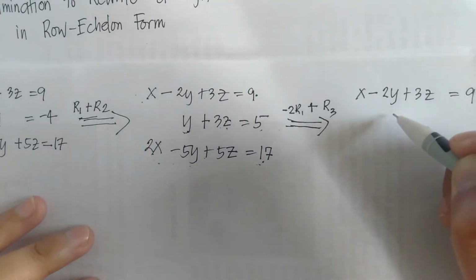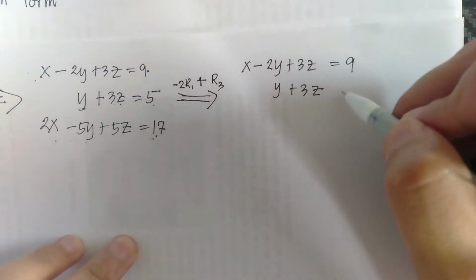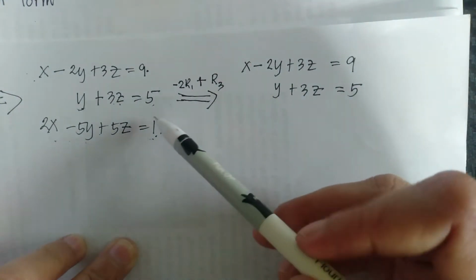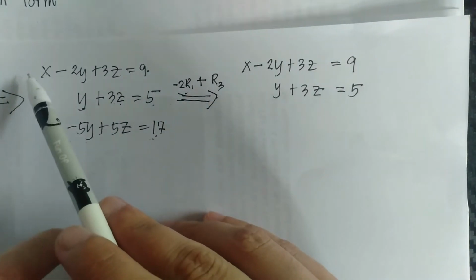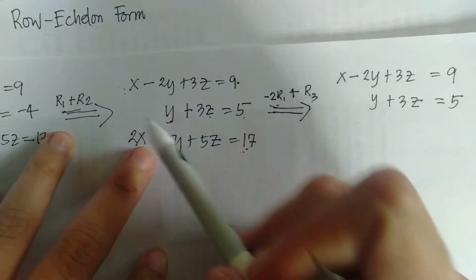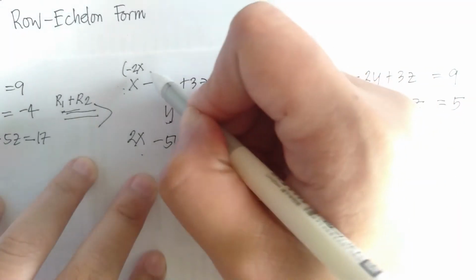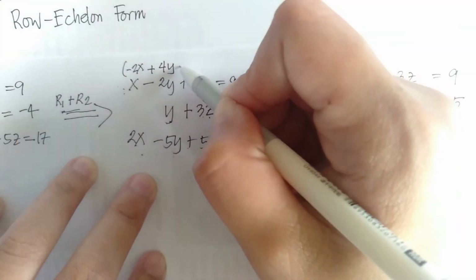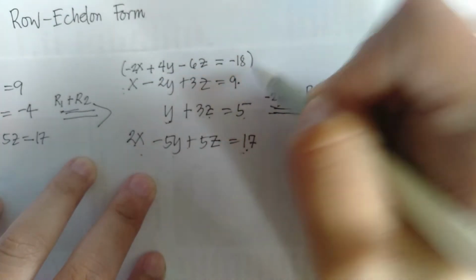The second equation also stays, y plus 3z equals 5. The third one is the sum. If we multiply R1 by negative 2, it becomes negative 2x plus 4y minus 6z equals negative 18.